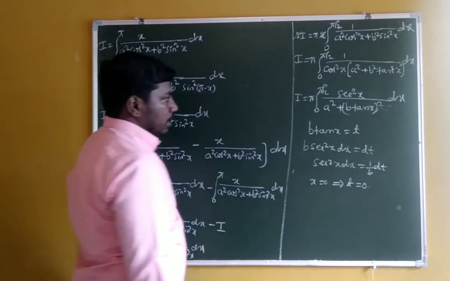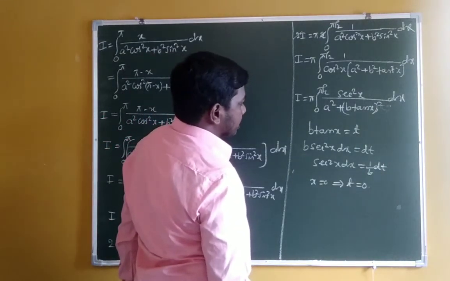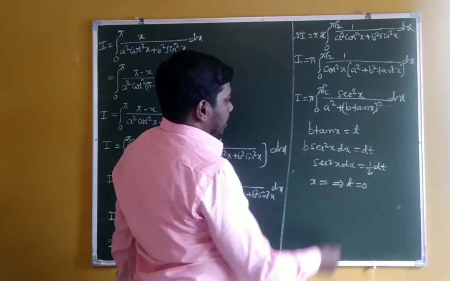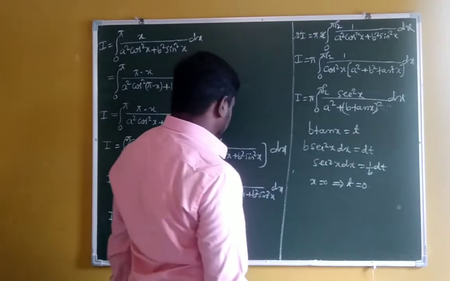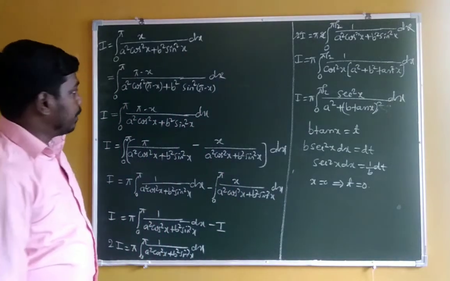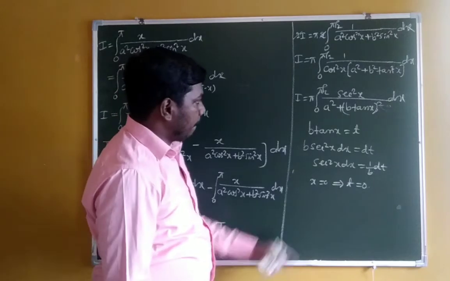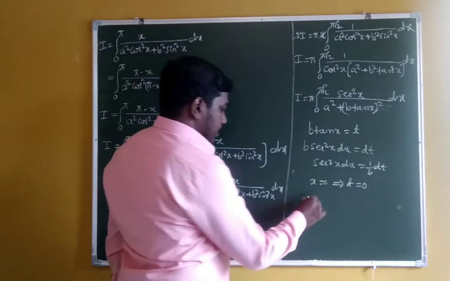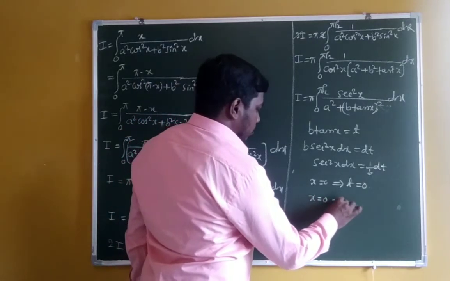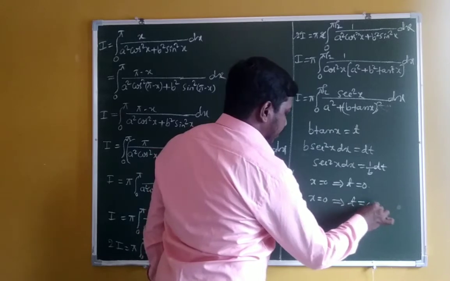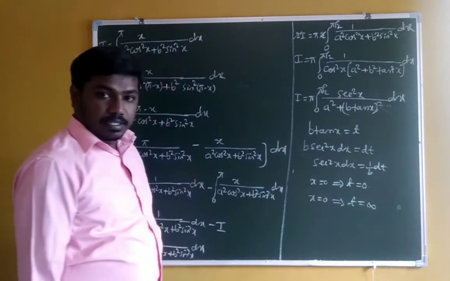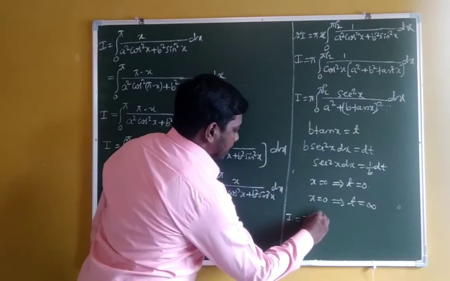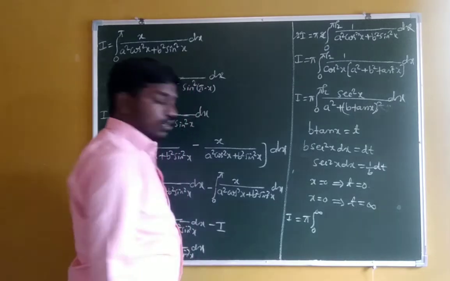Next the limits also change here: 0 to pi by 2. Tan pi by 2 is infinity, so when x is pi by 2, t is infinity. No problem, so the limits are 0 to infinity.